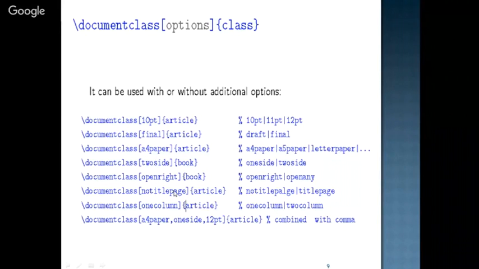It can be one column or two column. In this way, there may be different options. Here you can see all the optional commands will be in square brackets, and the mandatory commands will be in curly braces. Here, these square bracket commands are optional. You can leave that. Also, you can combine more than one command with commas in the square bracket itself.